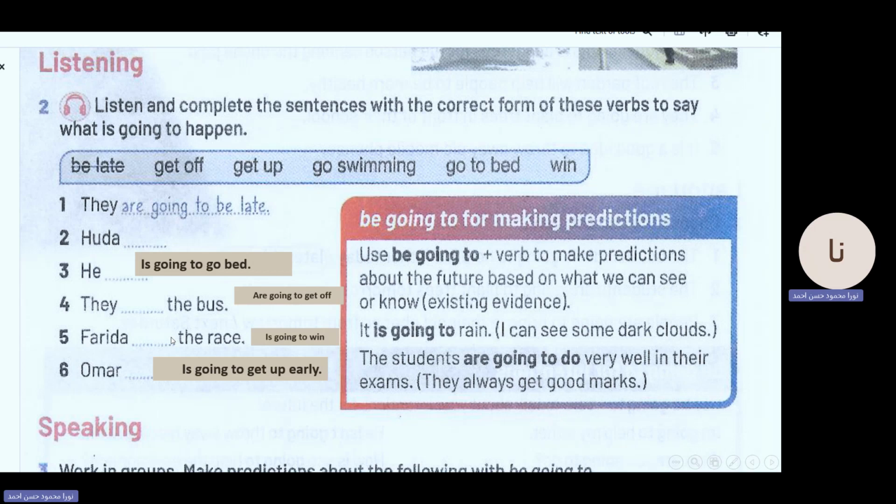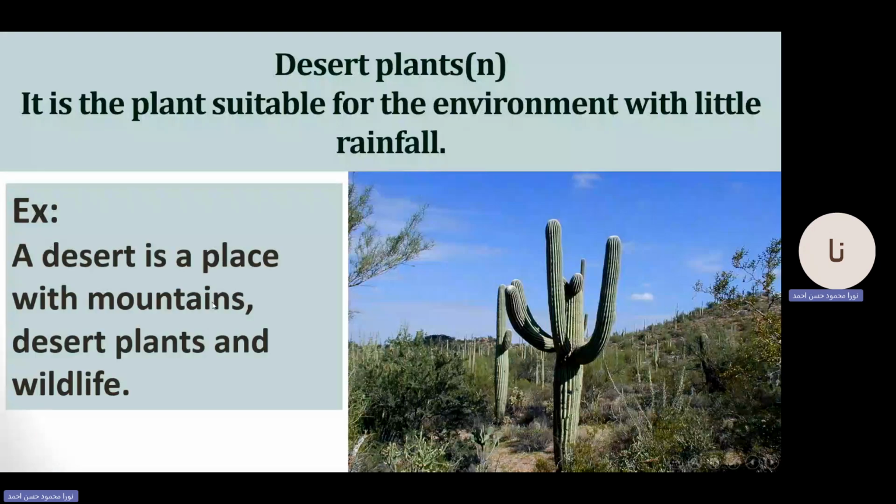It's a plant that is suitable for an environment with little rainfall or no rainfall, like this cactus here. So a desert is a place with mountains, desert plants, and wildlife.